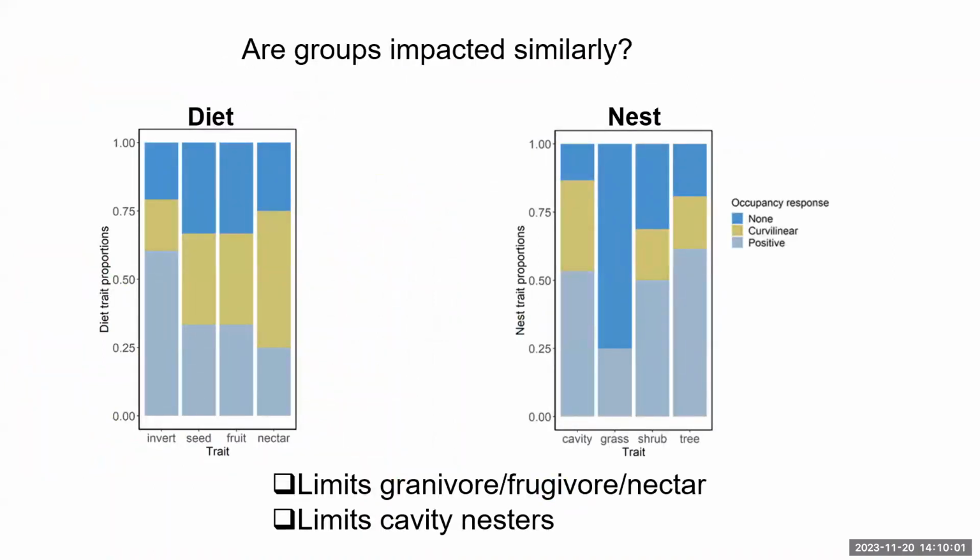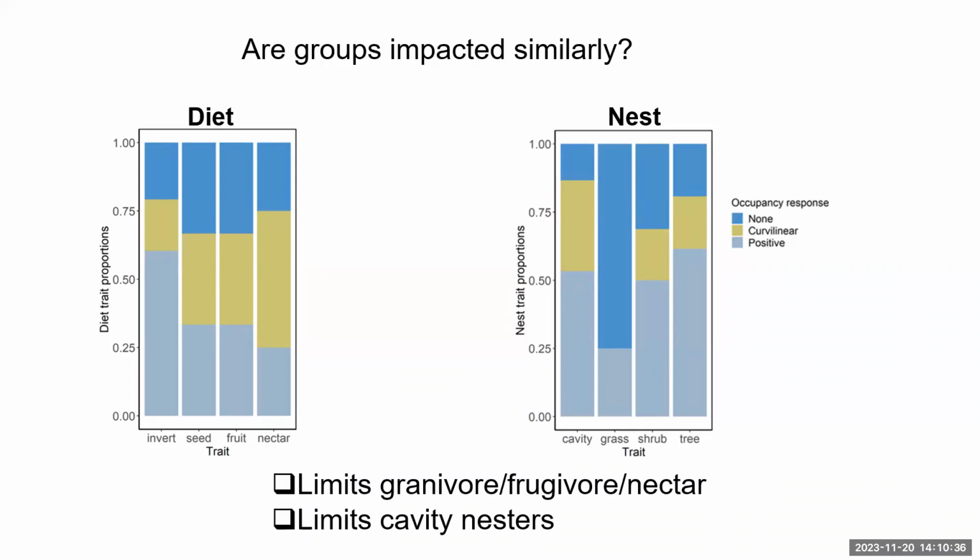We wanted to zoom into specific groups. Specifically, we asked questions. We assessed effects of diet and nesting groups. And here, what we did is summarize the responses of these groups. So for example, looking at diet groups, the x-axis shows the different groups, and the y-axis the proportion of species that were responding in those groups.